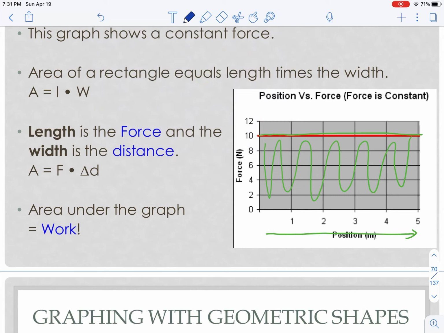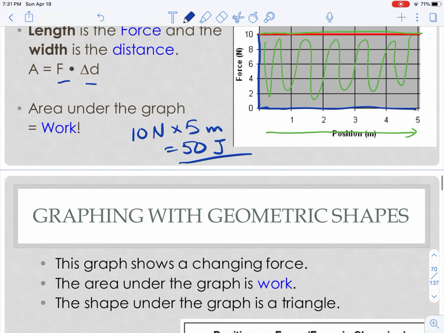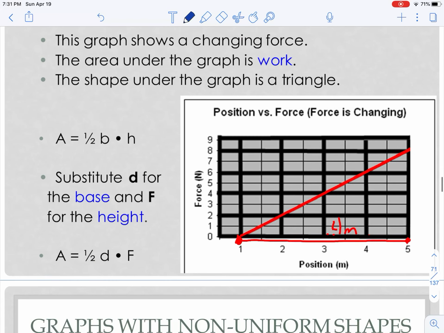So in order to do this question, you're simply going to say for work, you're going to do force times distance. So that'll be 10 newtons times 5 meters. So the 10 newtons times 5 meters will mean that there was 50 joules of work done in this example.